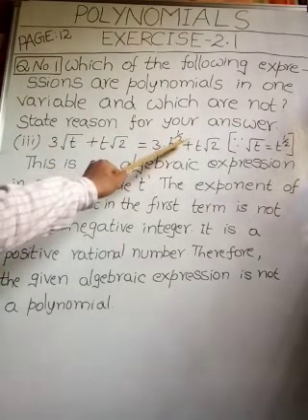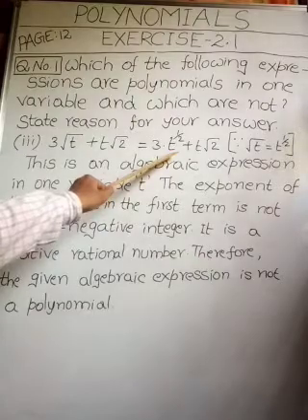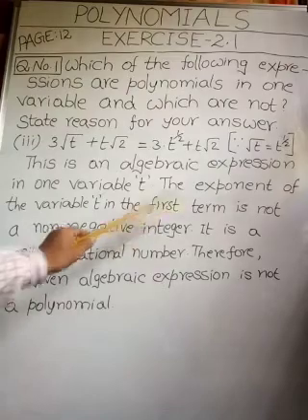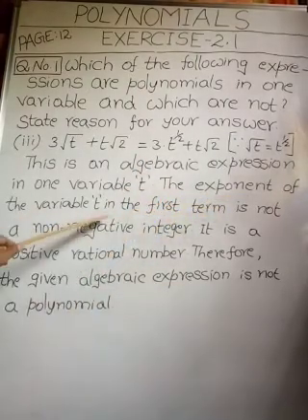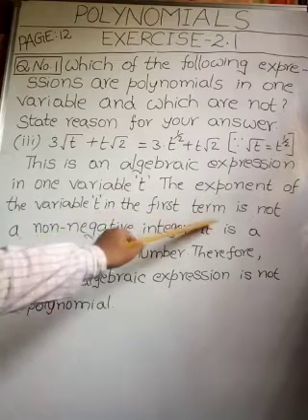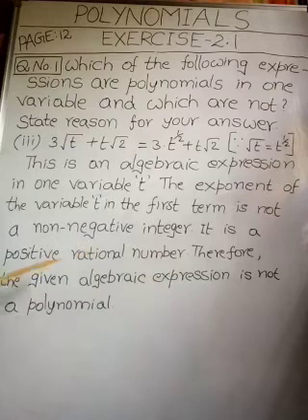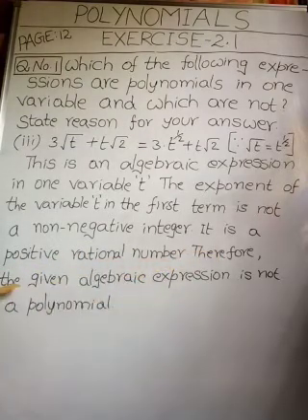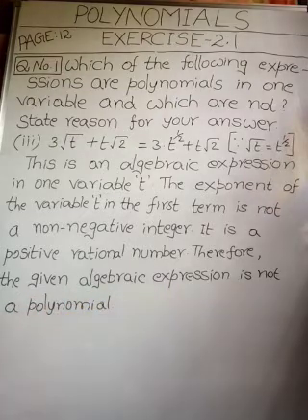What is the exponent in the first term? Exponent of the variable in the first term is 1 by 2. So it is not a non-negative integer. It is a positive rational number. Therefore, the given algebraic expression is not a polynomial.